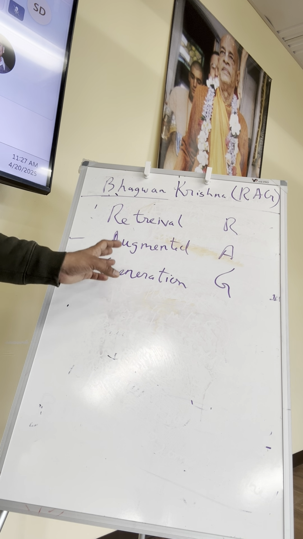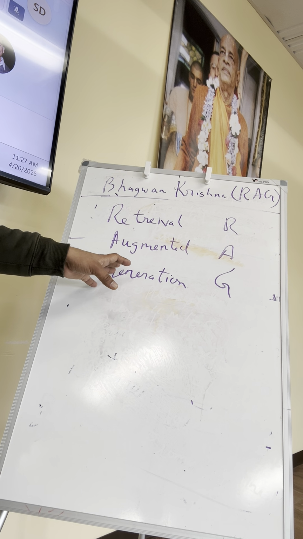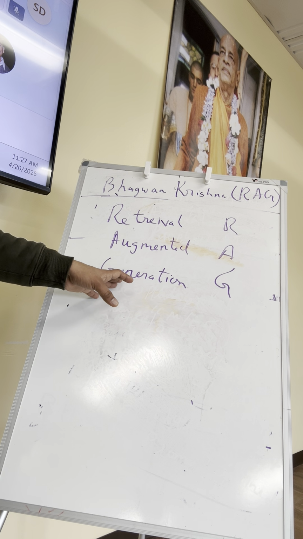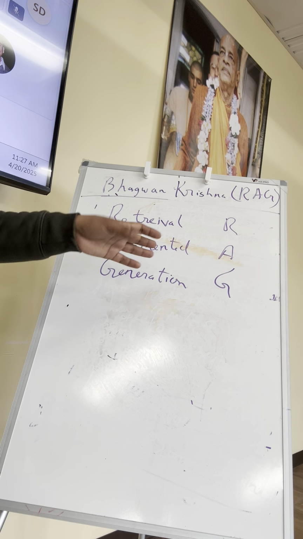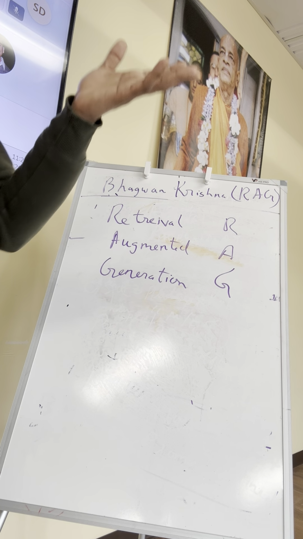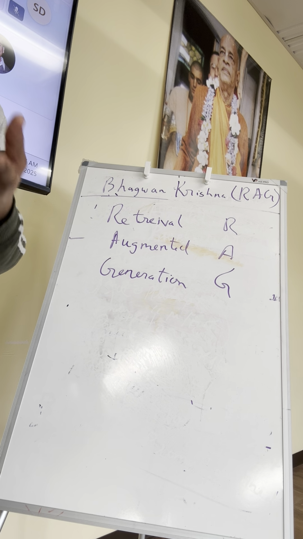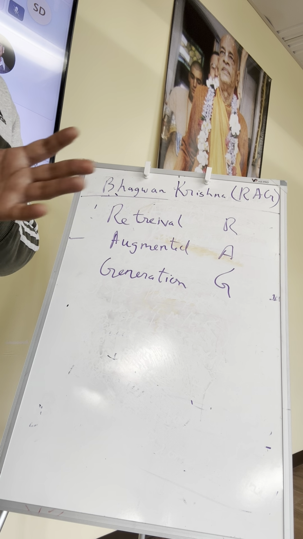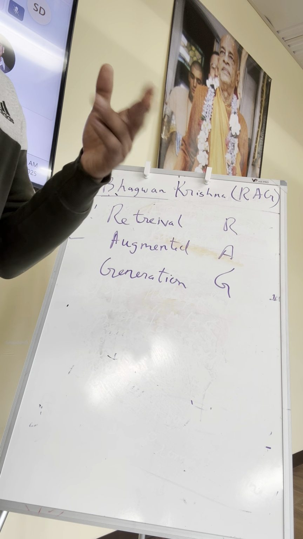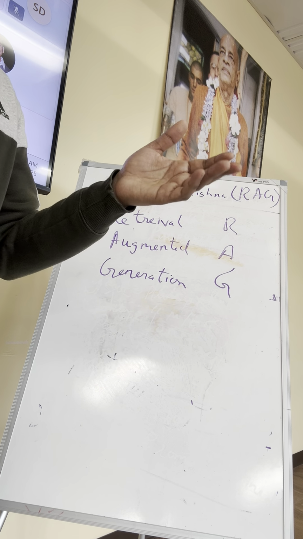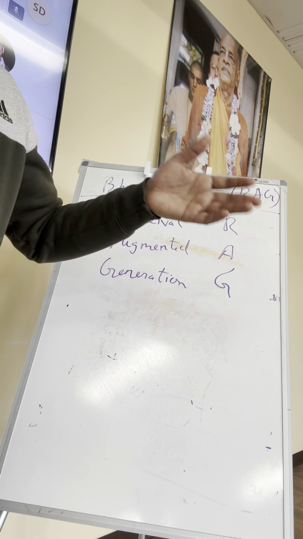How many tokens, how many characters can you really pass? You can't pass in a user prompt which will exceed the context length, because that is the limit. That much text it can process. Beyond that, it will not be able to process. It's like trying to fit a tank into a car.